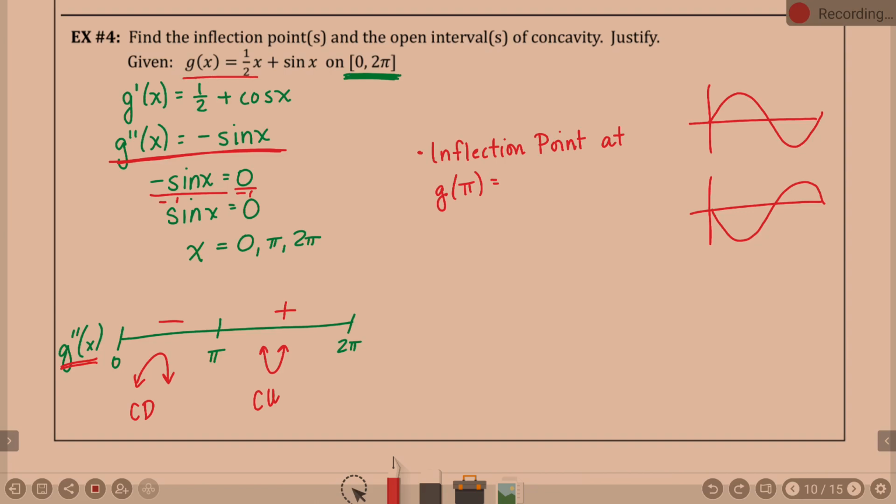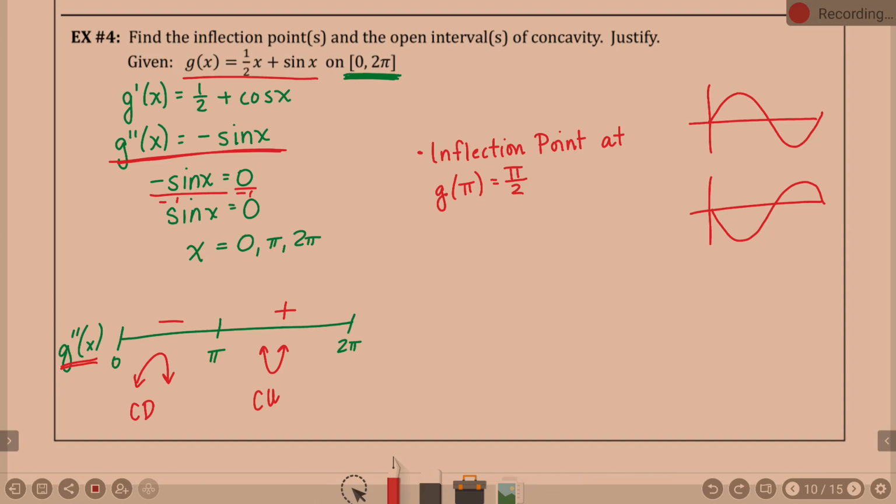No. Still 0. Pi over 2 plus sine of pi. Right, which sine of pi is 0, right? So pi over 2? Yeah, sine of pi is 0.